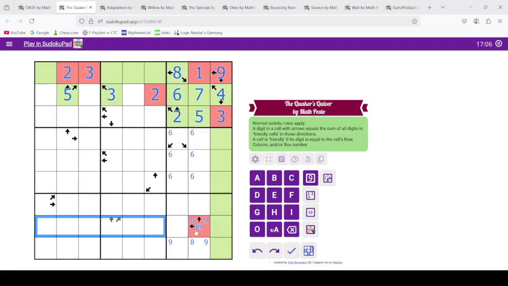Is either one of those cells there? Oh, can't be there. We knew that before because of this. There's only one more friendly cell here, and it's a 1. Hmm.